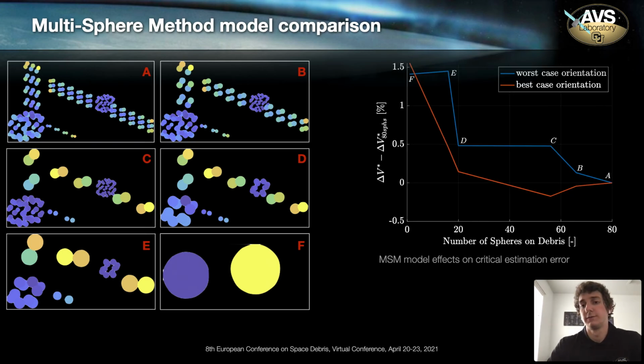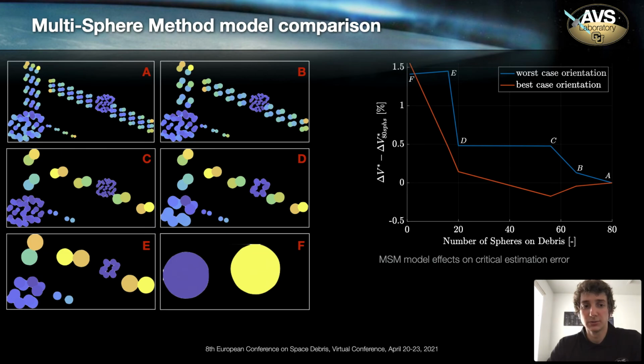And this figure shows how accurately these different models can calculate the critical estimation error for the best case orientation and worst case orientation. And interestingly, the error between configuration C and D is pretty much the same, even though the number of spheres was decreased by almost 40.